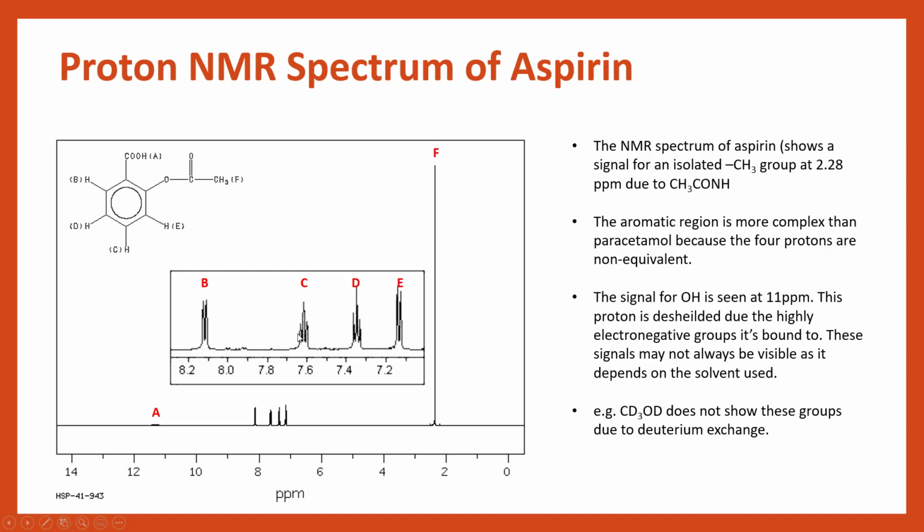C, again, is represented by a triplet, so n plus 1 equals 3, so neighbouring this peak must be 2 hydrogens. That makes sense, because this hydrogen is beside 2 hydrogens. And then finally, B is represented by a doublet, so 2 is equal to n plus 1, so n must be 1.